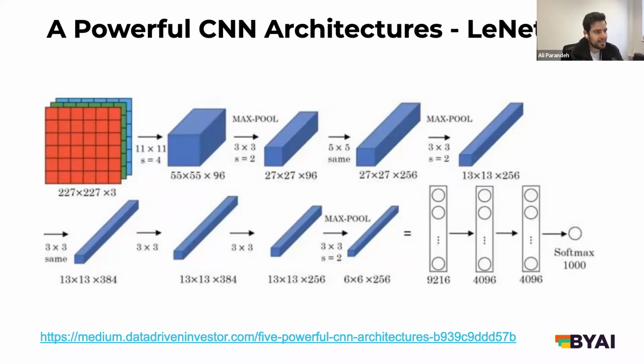In the next layer, we take a max pool and reduce the dimensions to 27 by 27. We then do another convolution and create 256 filters of 27 by 27. We do another max pool and reduce the size of the filters to 13 by 13, and we do that all the way down until we get 256 filters of 6 by 6.